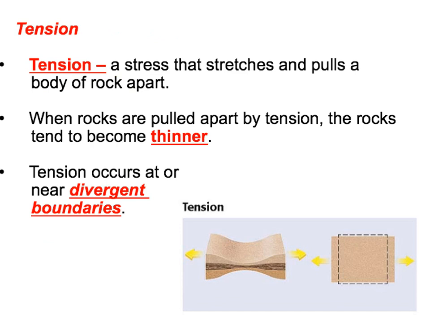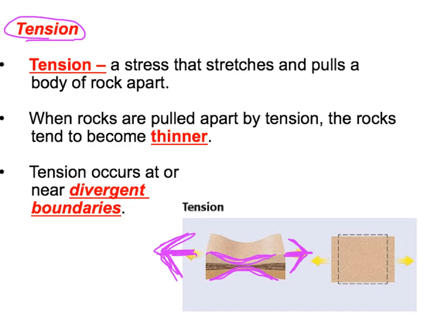The second type of stress is a tension stress. And this tension stress is the opposite of the compression. This is where the rock is being pulled away, kind of like taking a piece of Play-Doh or silly putty and stretching it away from the center. And so the crust tends to start to get really, really thin as the forces pull it apart.